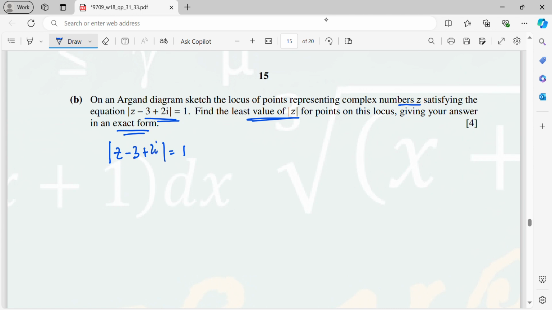You must factorize a minus from the real and imaginary part because that gives the center. So this is a circle with center 3, negative 2, and the radius is 1.